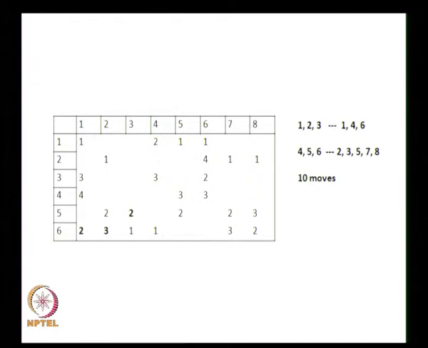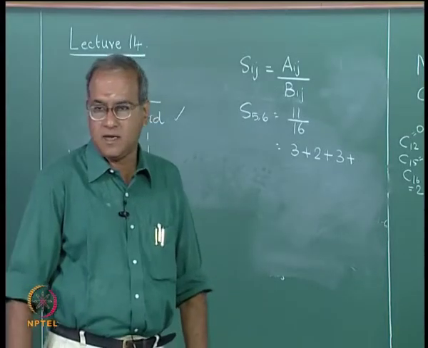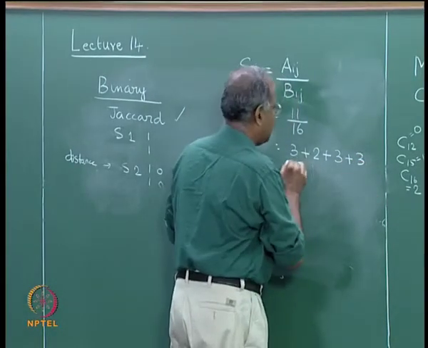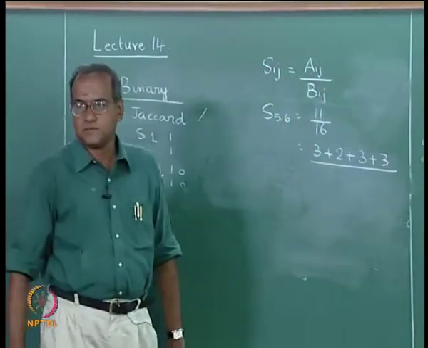So, the contribution will be 2 plus 1 3, and part 8 will visit machine 6 as an intermediate machine because of the 2 and machine 5 as the last machine because of the 3, and it contributes another 2 plus 1 3. So, the numerator is 11.